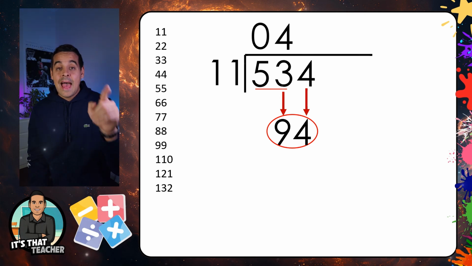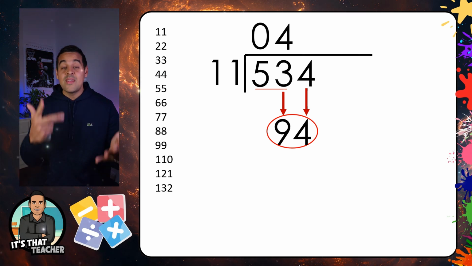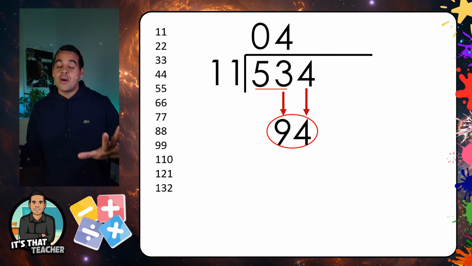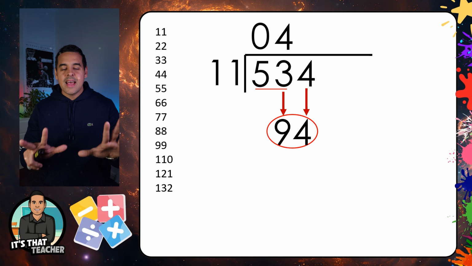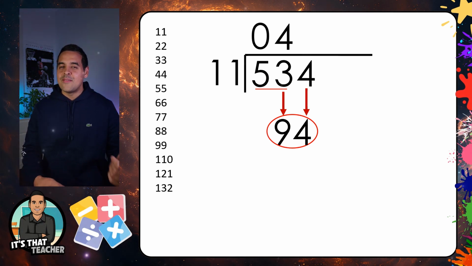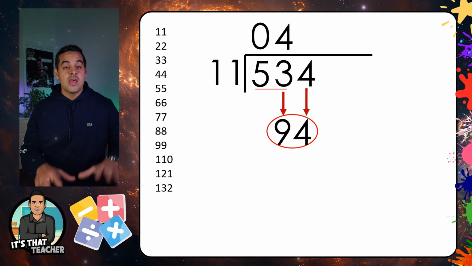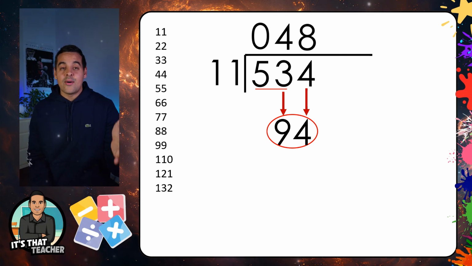That would be 8, because we have 11, 22, 33, 44, 55, 66, 77, 88. We can't go to 99 because it's too big, so we can fit in 8. Just for this one, I'm going to count it out with my fingers to show you how to do it, but I'm going to assume that you know your 11 and 12 times tables for our next 2 examples. So 8 11s can fit evenly into that 94.